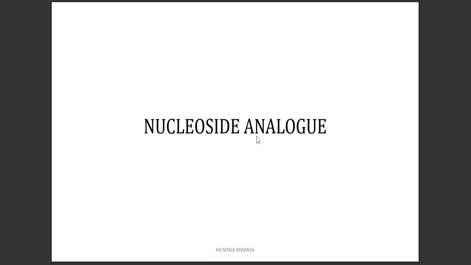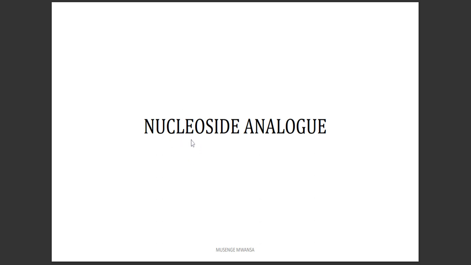And then in humans, or let me say in animals like ourselves, DNA is going to have four nitrogenous bases. We have adenine, cytosine, guanine, and thymine. We don't have uracil in DNA. We won't have thymine in RNA. So these nucleoside analogues resemble nucleosides.